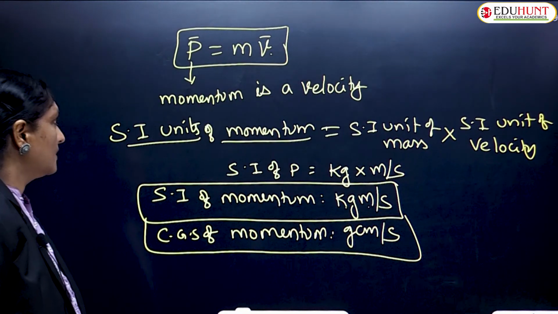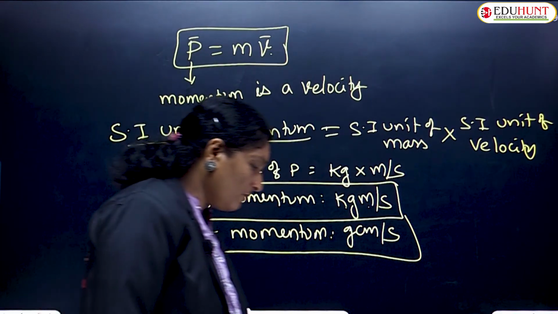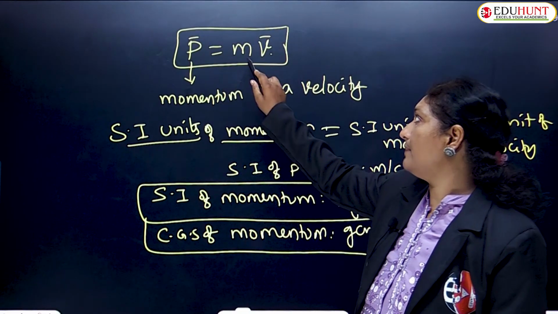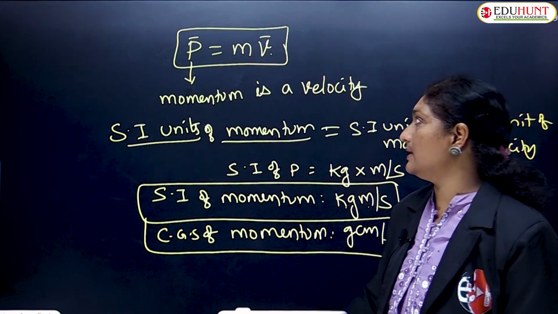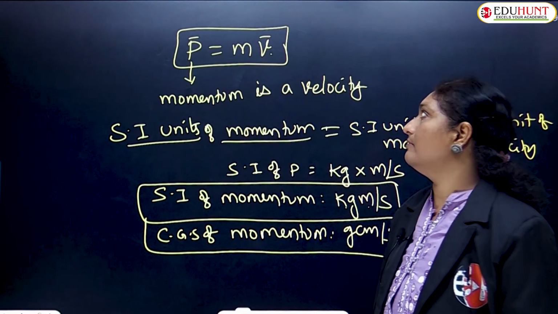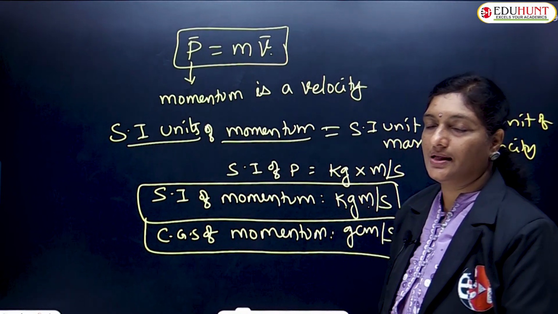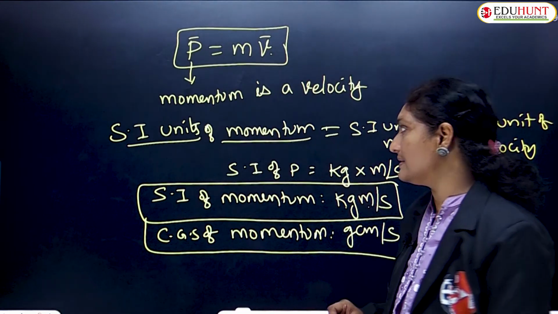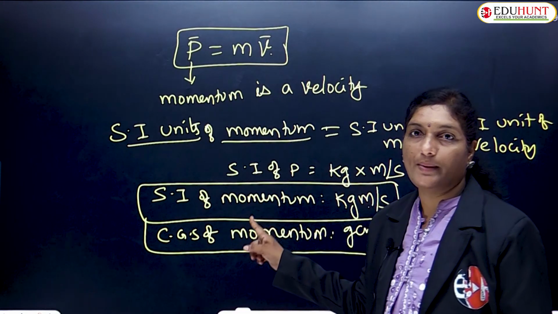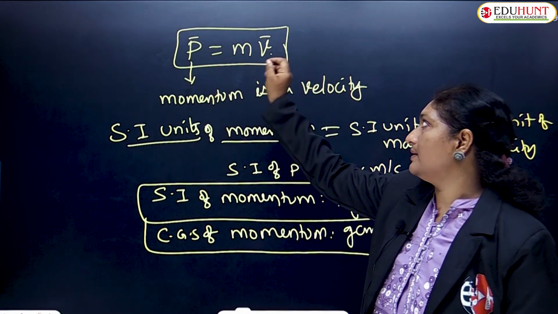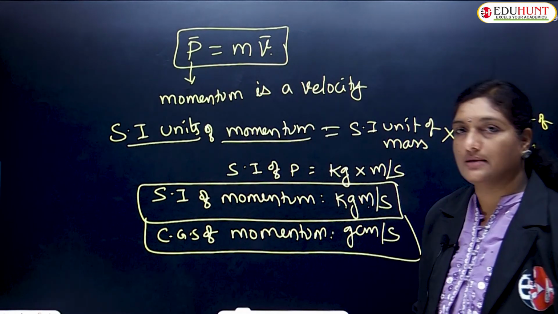The mathematical form of momentum is p equals mv, where p is momentum, m is mass and v is velocity. Velocity and momentum are both vector quantities, having magnitude as well as direction. SI unit of momentum is kg meter per second and CGS unit is gram centimeter per second.